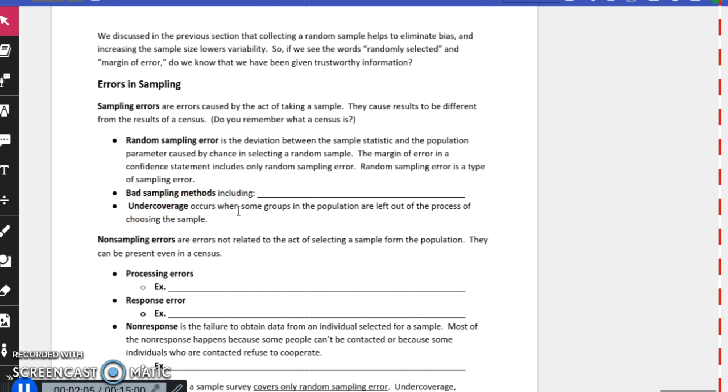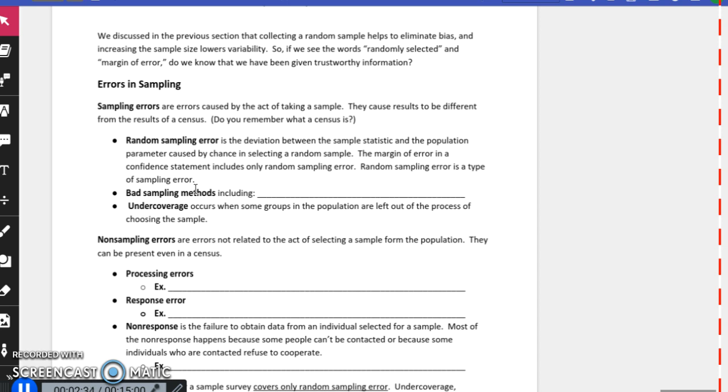So if we were doing a study of all high school students and we did the survey during 8th hour, well, most of the seniors are gone at that point in our school. So that would be undercoverage for the seniors because they weren't there to answer the questions. So we can leave out a certain group.